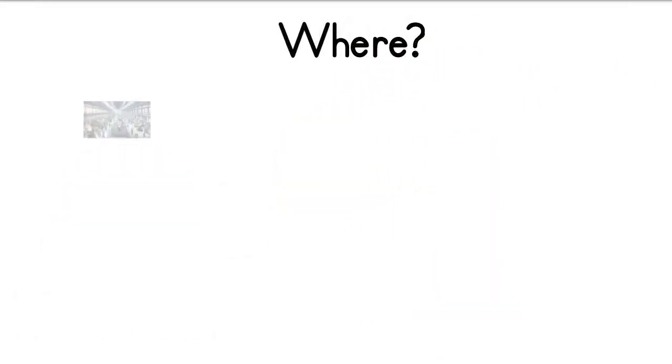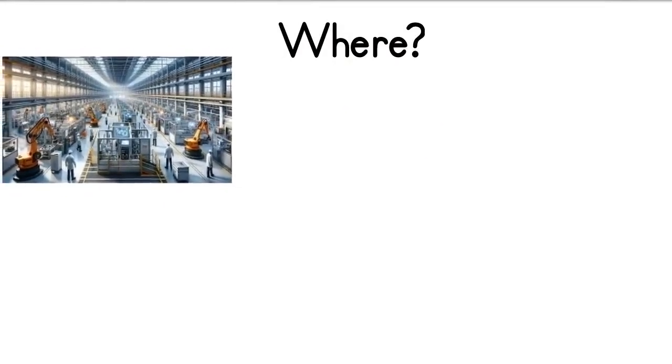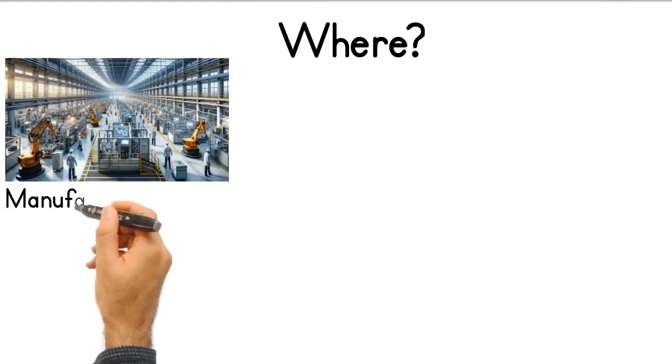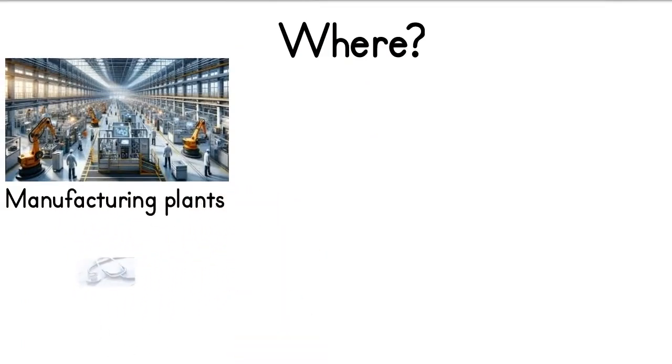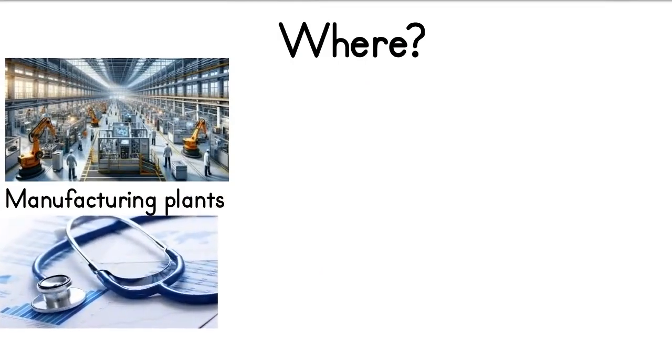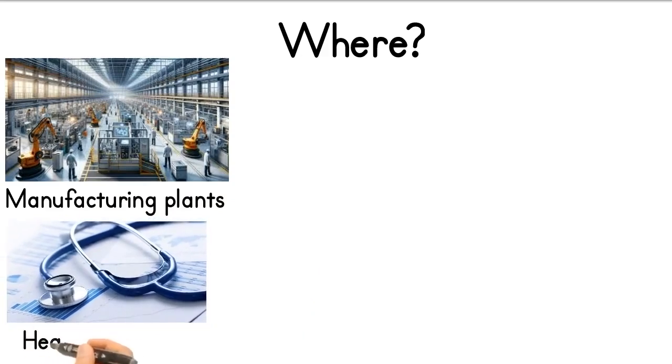PDCA can be applied in any setting where processes or systems need to be improved. Some common areas include manufacturing and production, to enhance product quality, reduce defects, and streamline workflows. Healthcare, to improve patient care, reduce errors, and enhance hospital or clinic operations.